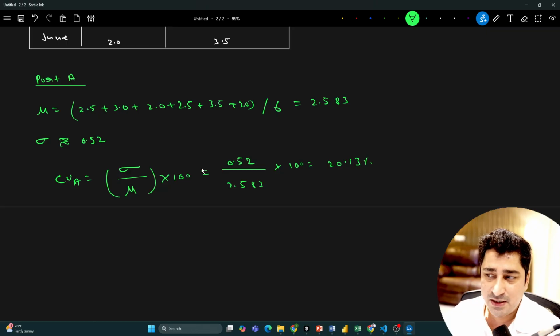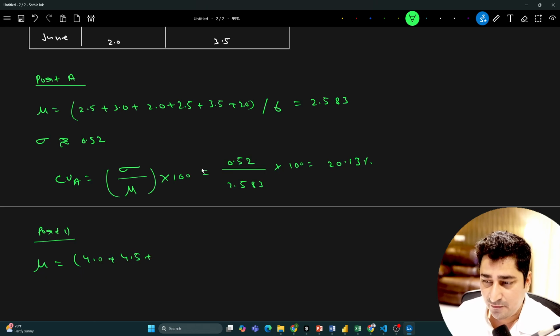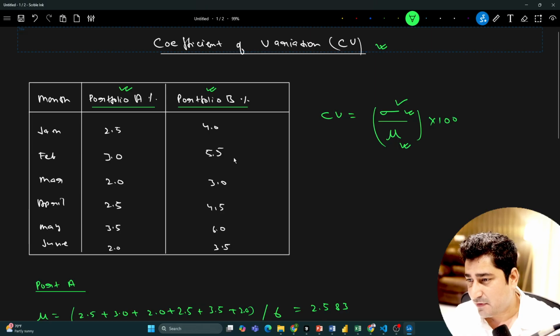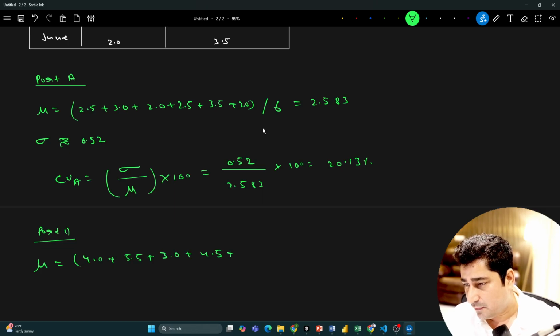So the variation is 20.13. Now similarly for portfolio B, I can calculate the average. So the average is 4.0 plus 4.5 plus 4.0 plus 5.5 plus 3.0 plus 4.5 plus 6 plus 3.5, divided by 6.